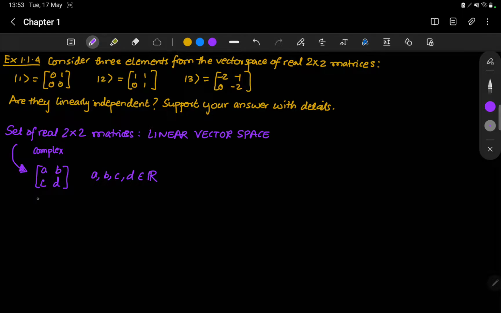If we want to define the addition, addition for matrices is defined as follows. If this is the first matrix, and we take the second matrix, the addition is defined as the following.